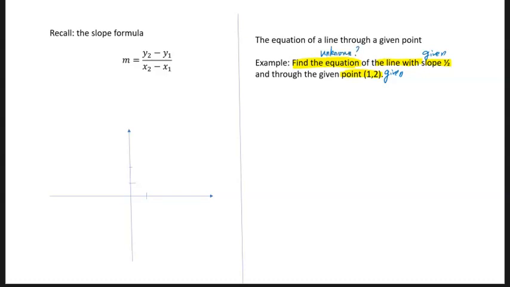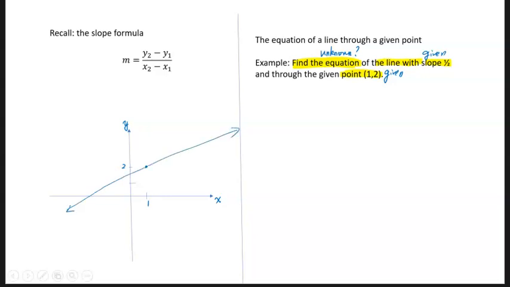With the information given, the line goes through the point 1, 2. So on the xy coordinate plane, I'm going to find the point 1, 2. So x equals 1, y equals 2. So it's going to be a point here. Also, we know the slope is 1/2, and we know the line is going to look like this.